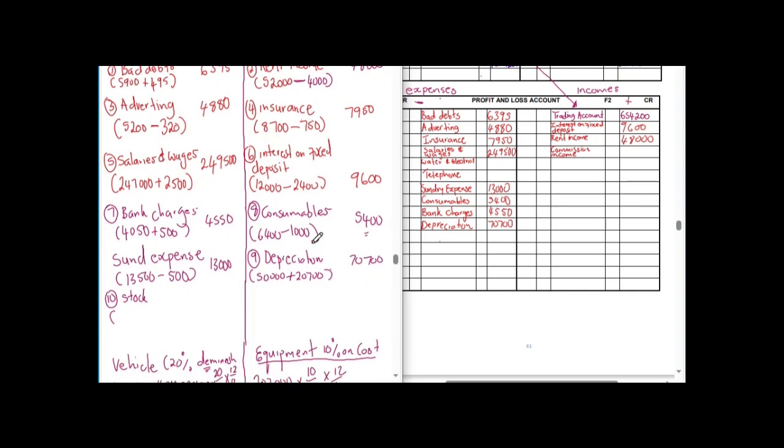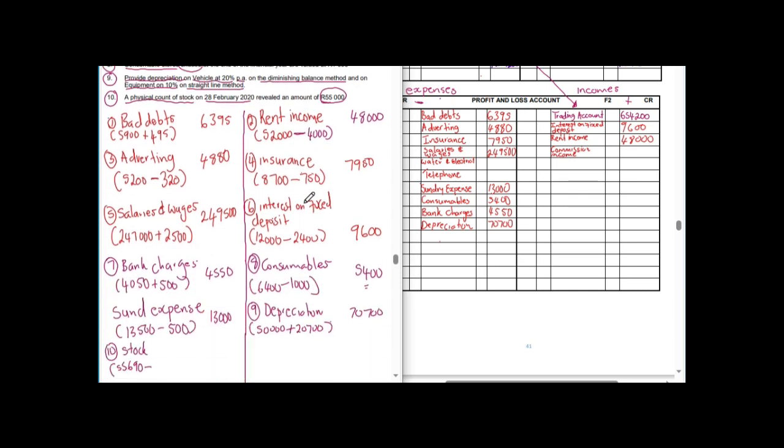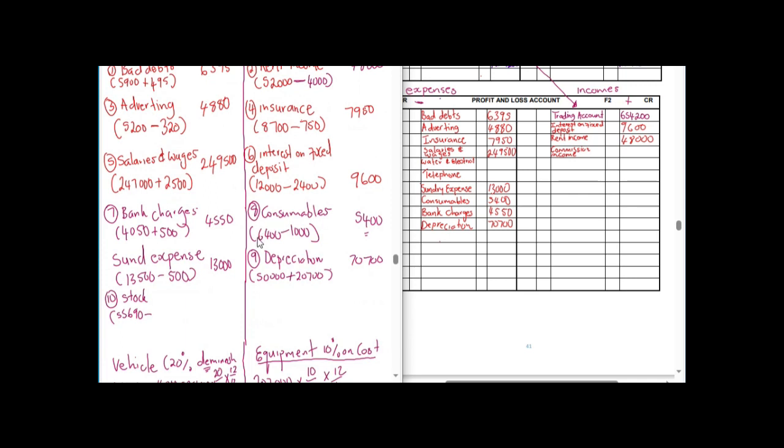Our physical stock count at the beginning of the year is 55,690. And then we subtract the stock count at the end of the financial year. The stock count on the 28th of February says that we have 55,000.